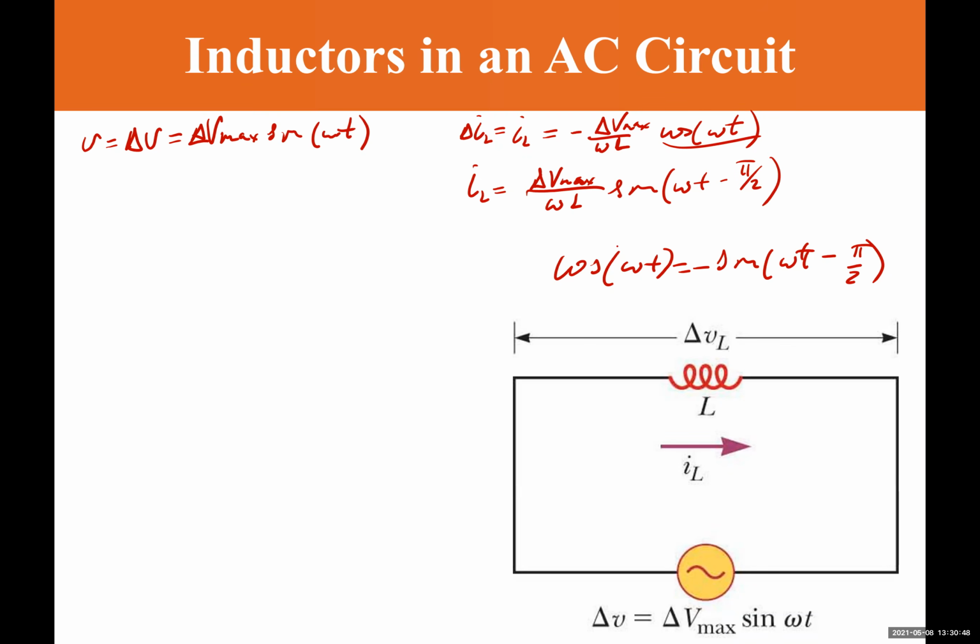That means current and voltage are out of phase by exactly pi over 2, or 90 degrees.